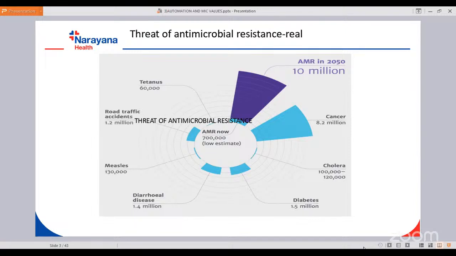It is estimated that in 2050, antimicrobial resistance is going to kill more patients than cancer. I would like to repeat again that it is projected that if things continue the way they do currently, antimicrobial resistance in 2050, 25 years down the line, is going to be the leading cause of death in patients.